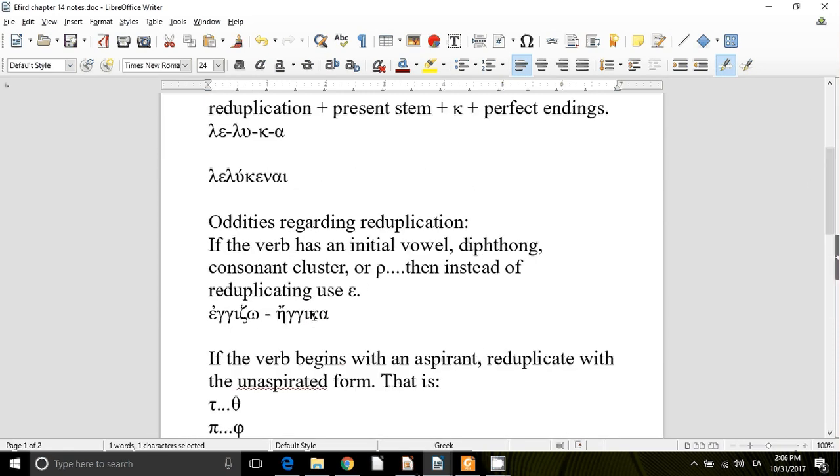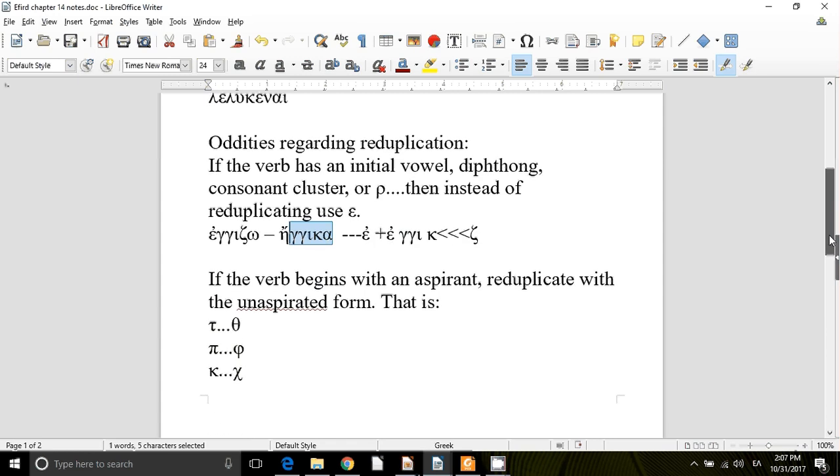So ingidzo, so if I was going to write out how all that was put together, we ended up with the augment plus the rest of the stem. And then that kappa is just going to munch that zeta, and it goes away. And so that's how we end up with engika. From ingidzo, we end up with engika. Just kind of hard to say.